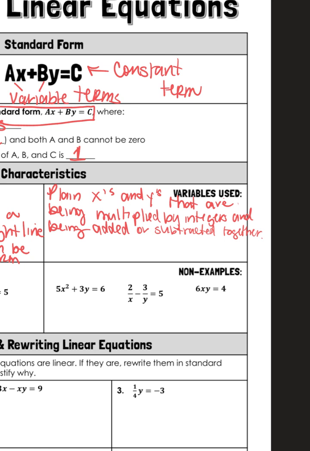What that means then is no x squared, no y squared, no x times y, no fractions with a variable in the denominator, etc.